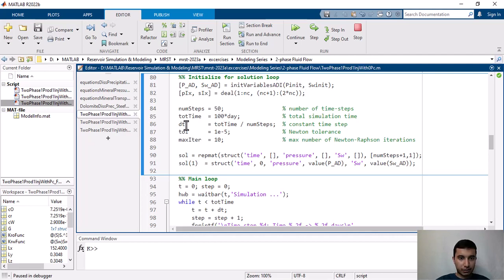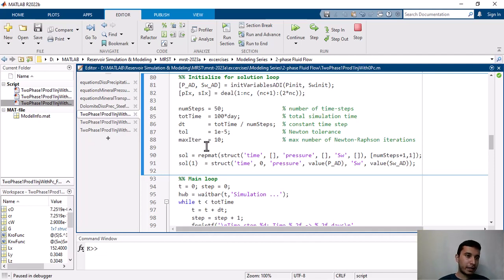And here I have calculated each time step size. As you see, I have considered that all the time steps have the same size. And the tolerance is this, and the maximum iteration is set to 10.